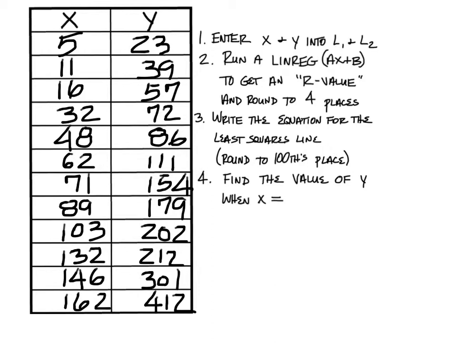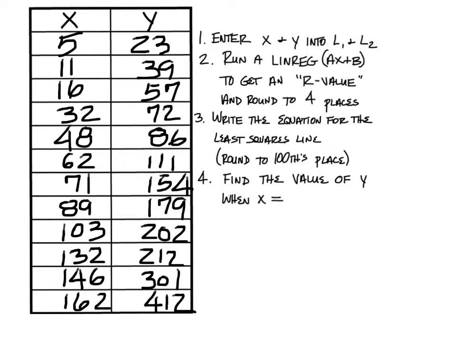So take a couple of moments to enter in all the data that's in X into L1. If you mess up a number, then it's going to throw off your calculations. So we have 5, 11, 16, 32, 48, 62, 71, 89, 103, 132, 146, 162.